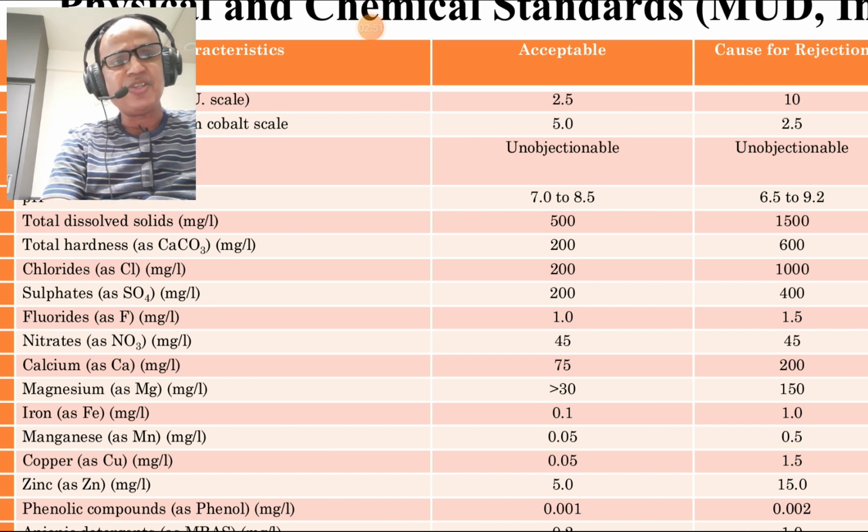For chlorides, it is also 200 for acceptable water quality and 1000 mg per liter is the cause for rejection. Fluorides 1, and cause for rejection is 1.5. Nitrates 45, and the cause for rejection is also 45. Then calcium is 75 mg per liter acceptable and 200 mg per liter is the cause for rejection.